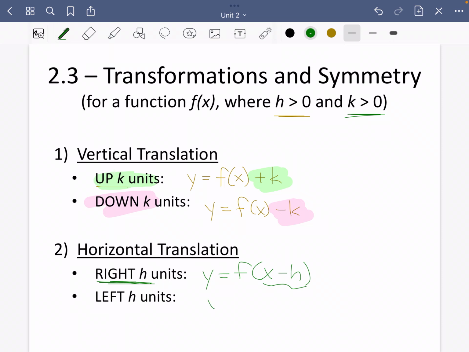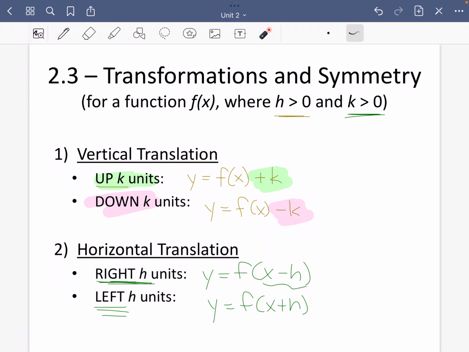If instead we add a number on the inside of our function, that is going to shift it left h units. So up and down, those additions or subtractions happen outside of our function. Shifting left and right, those happen inside of the function, impacting the value of x by adding some number on.